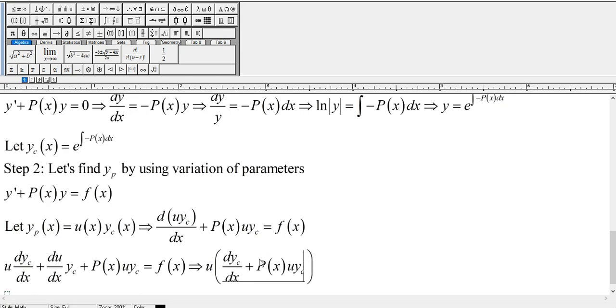When I multiply that back in, I'll get back my u. And then I have this other term. I couldn't factor anything out of it, and that'll equal my f of x.